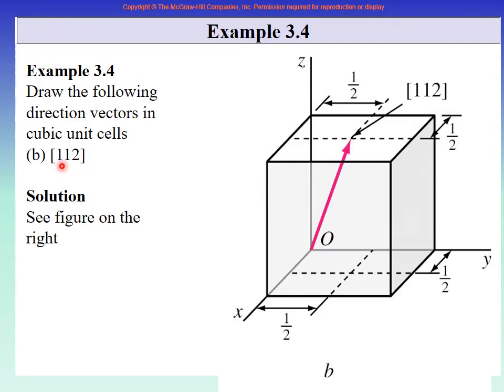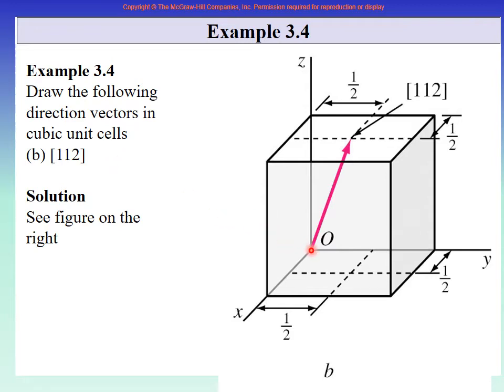Because if you are inside a normal cube, then the maximum distance you can go in x or y or z is 1. So if there is any number which is more than that, then this is not right. So therefore what you do is you divide this. So you will have half half 1. Now half half 1 is your real thing, and that means you have to go to the point half half 1 and from the origin join them.